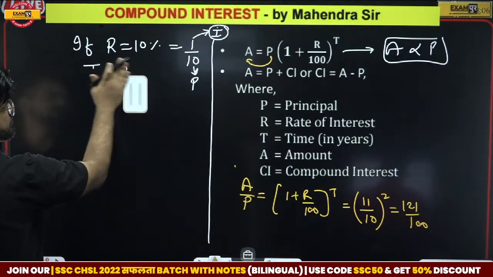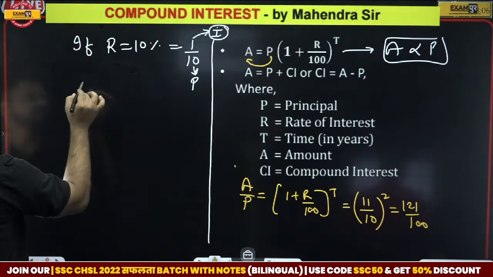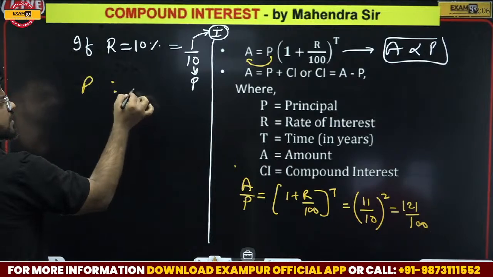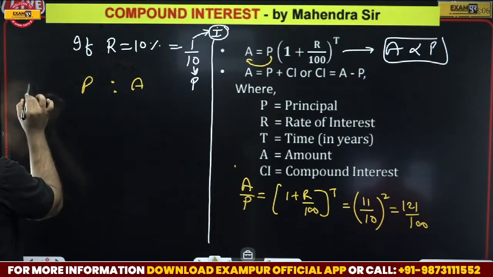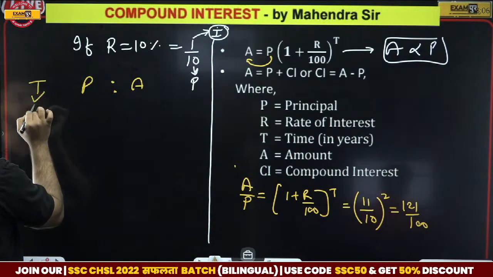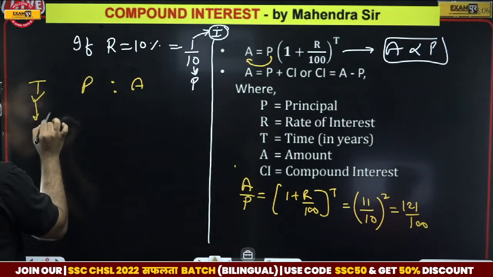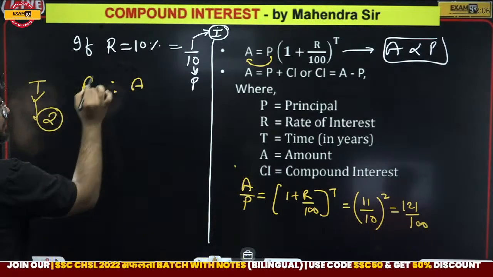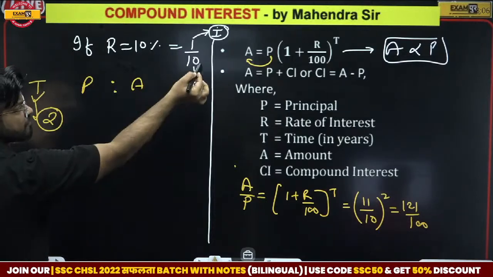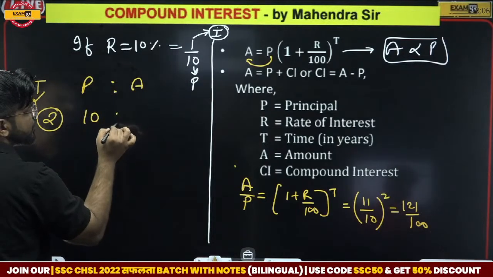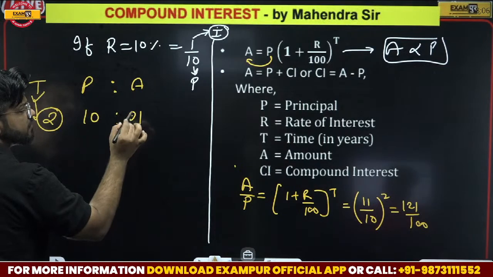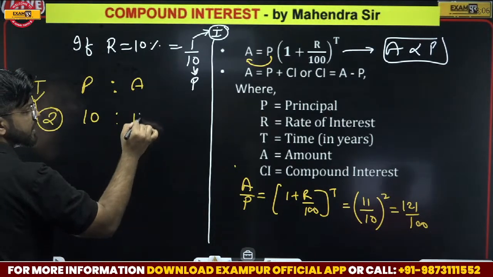The rate of interest is the same. Here is my P, here is my A, and here I am going to write different t. For 1 year, if my P is 10, it is going to be increased by 1, which means it will be 11.